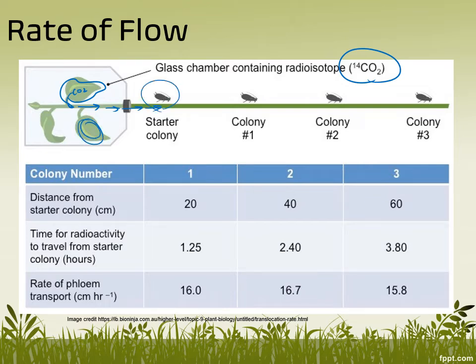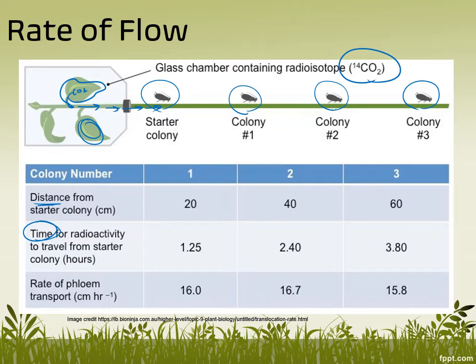And then we have one aphid here, we have more aphids lower, we have more aphids lower, we have more aphids lower. And we don't just measure that distance from the chamber to the colonies, but we also measure how long it takes for the radioactive carbon to get to the different colonies.